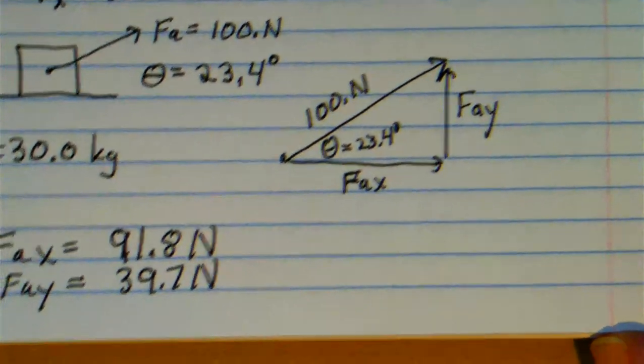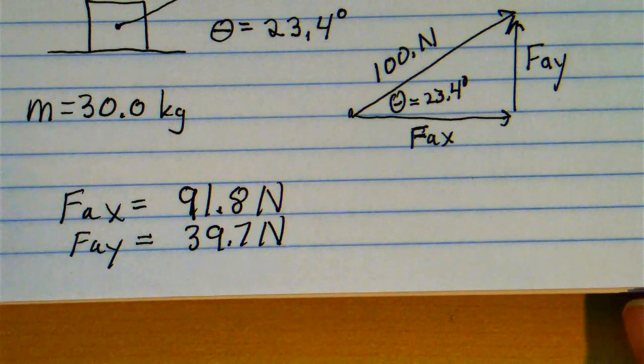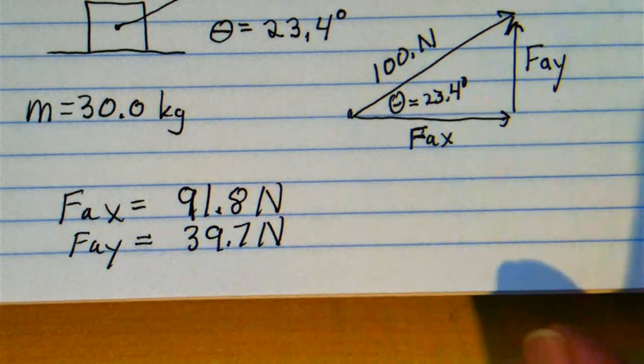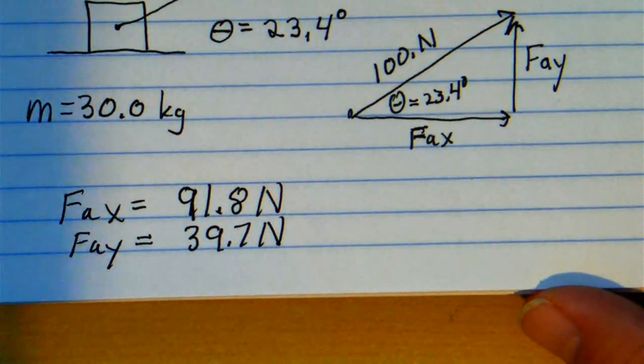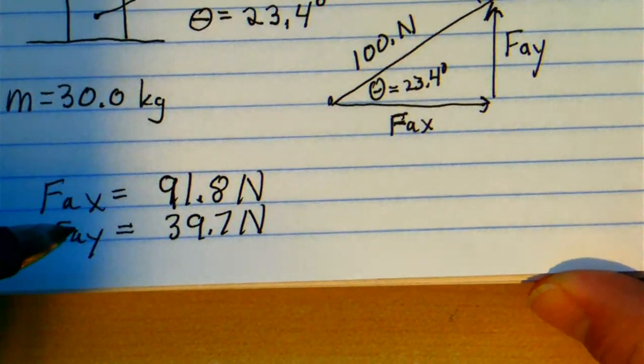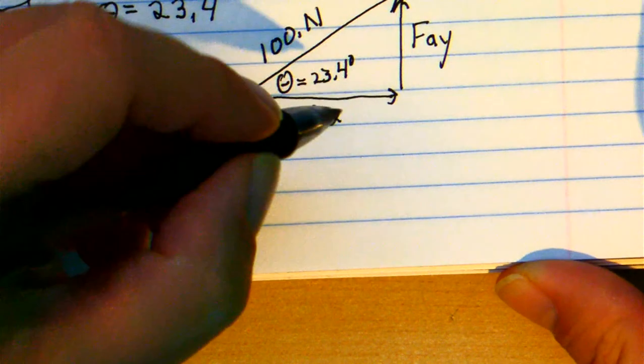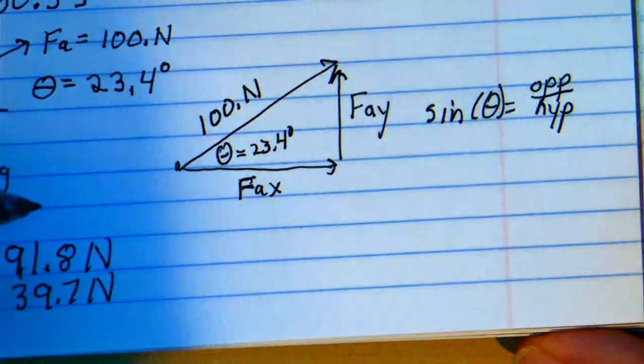39.7 newtons. Now, 40 point something might be due to rounding errors if you had used the 91.8 newtons. Maybe. I myself would have solved this problem by saying the sine of the reference angle is the opposite side divided by the hypotenuse.